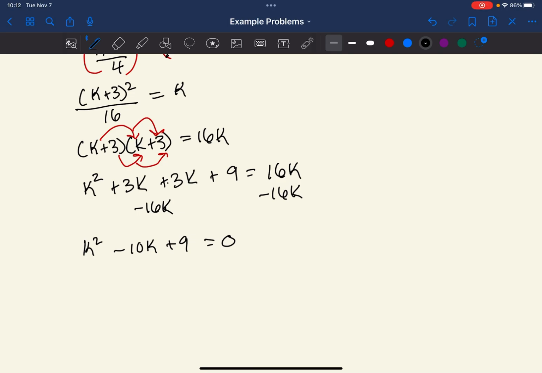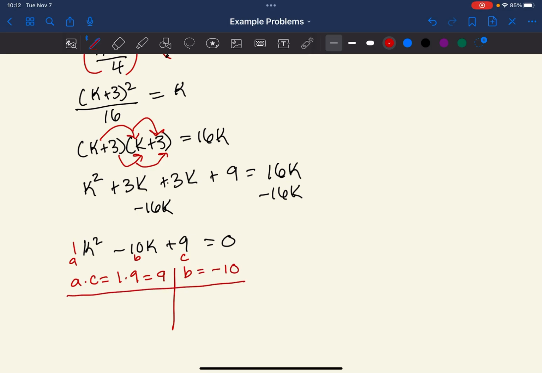Remember, in order to solve quadratic equations, we're going to have to see if we can factor this. So we are going to be using the AC method to factor. We have A times C, which is 1 times 9, which is 9, and then we have our B value, which is negative 10.